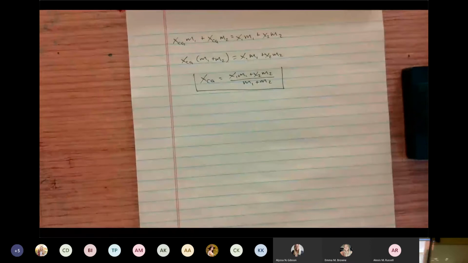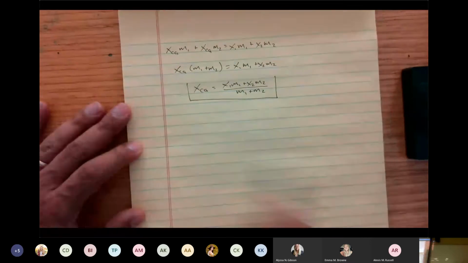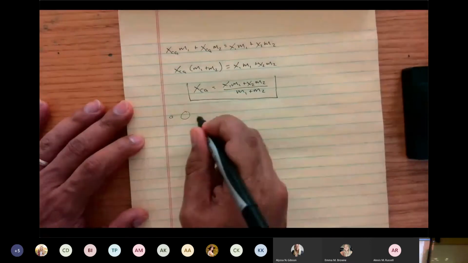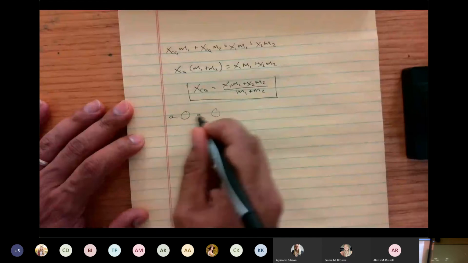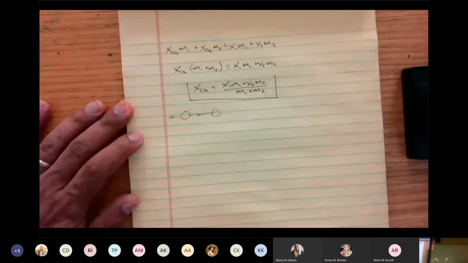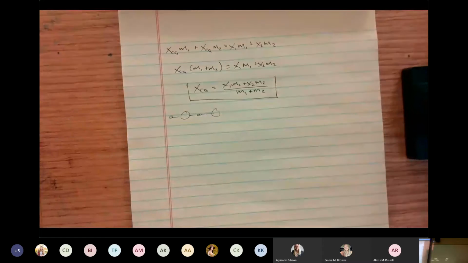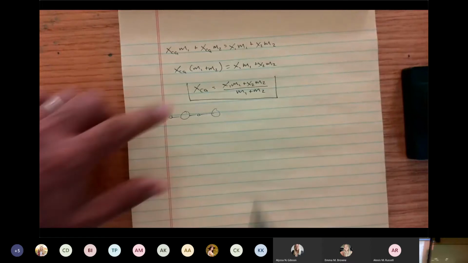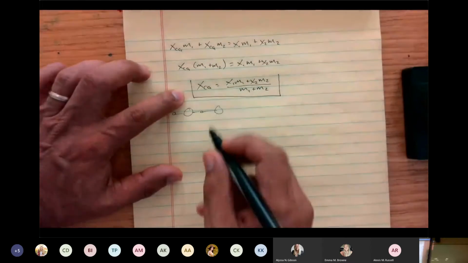Now, let's say we are working with two masses. But let's say that instead of two masses, you have 3 masses or 4 masses all along the x-axis. So you will have to do the same steps, which can be very complicated. But at the end, you end up with an equation that's very similar to this.